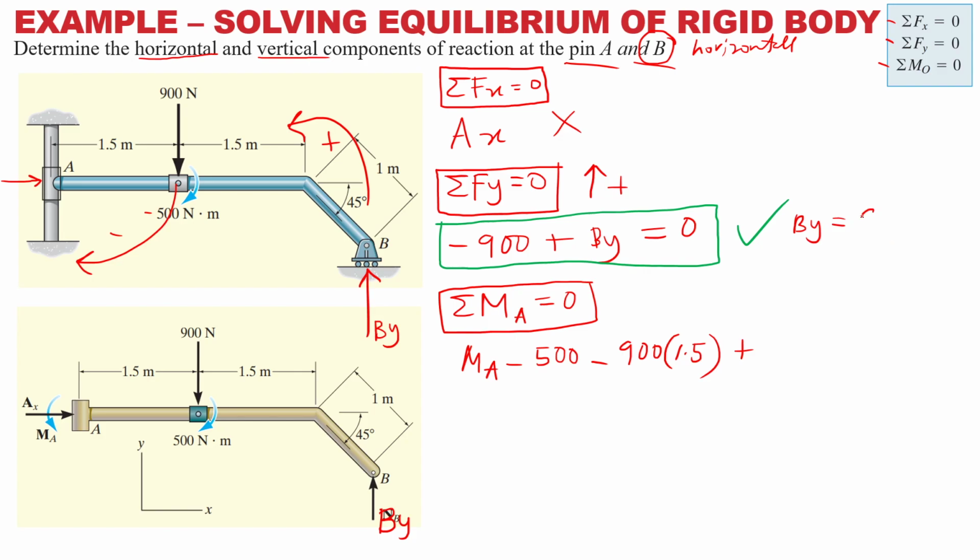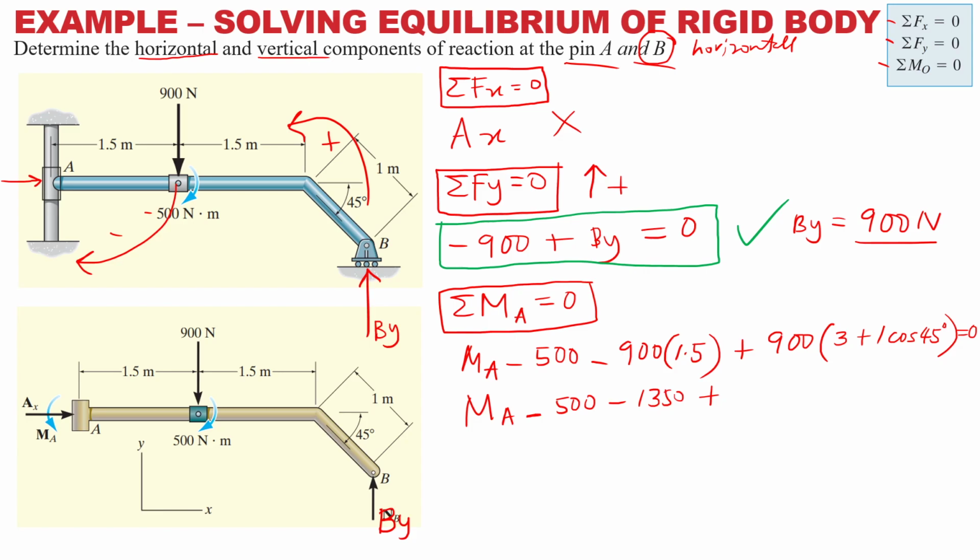BY sama dengan 900 Newton. 900 Newton. Plug in terus lah. Kali dengan berapa tadi? 3 campur 1 cos 45 degrees equals 0. Betul tak jawapan ni? Cuba cari. So, MA sama dengan, tolak dulu lah. 500 tolak 900 kali 1.5. 900 kali 1.5, 1350 campur 1 cos 45.